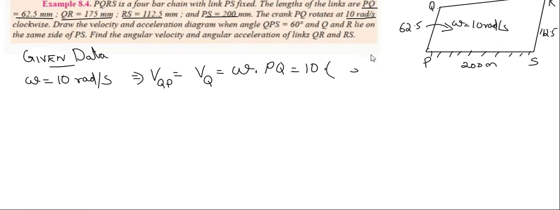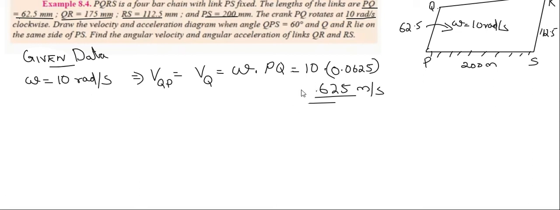You should always go for SI units. So 10 times 0.0625, and that will be given by 0.625 meter per second. So that is the starting point for your velocity diagram.